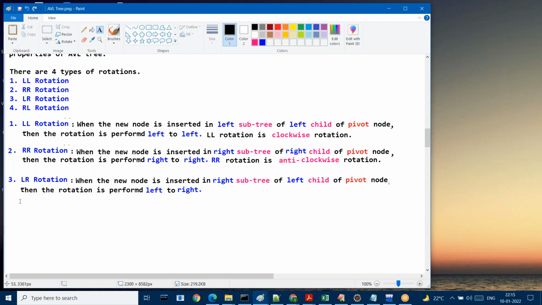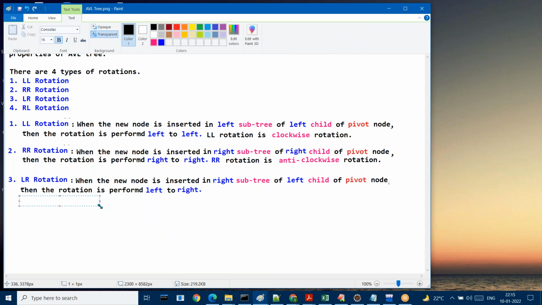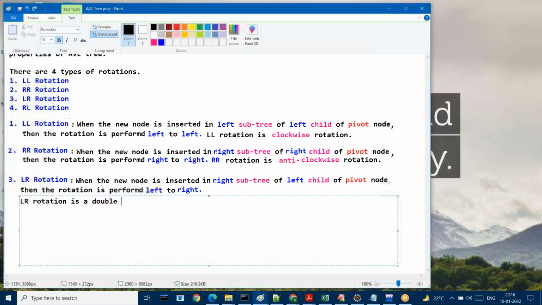Why? Because listen now, LR rotation is a double rotation. Double rotation means what, guys? 2 times I have to perform rotation when I identify the LR rotation. Yes, sir. LR rotation is a double rotation.